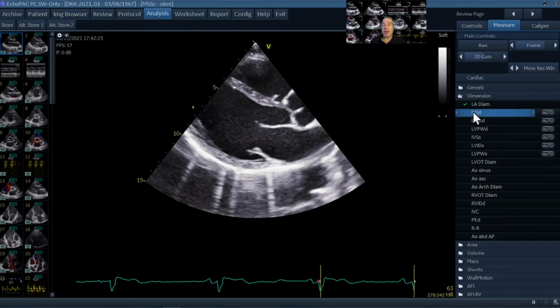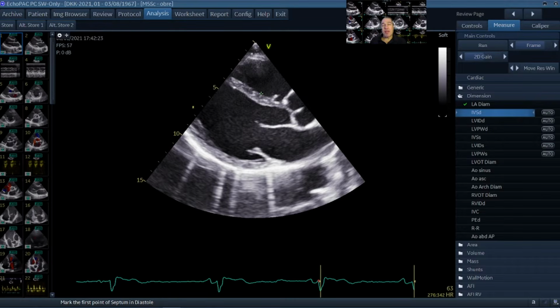So this is the first measurement for the interventricular septum in the diastolic image. That's what the D stands for. And as you will see, when I finish the first measurement, the system automatically moves to the next measurement here, so that we can do this in a systematic fashion.